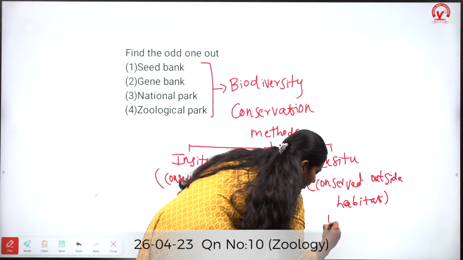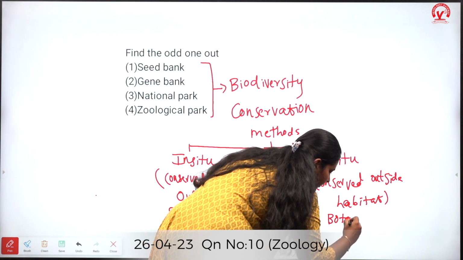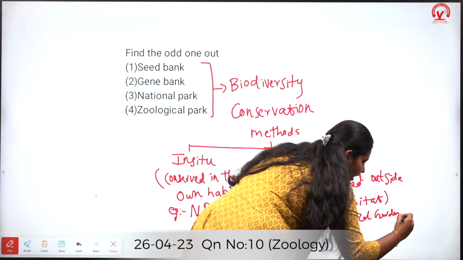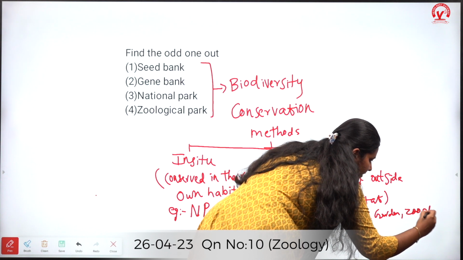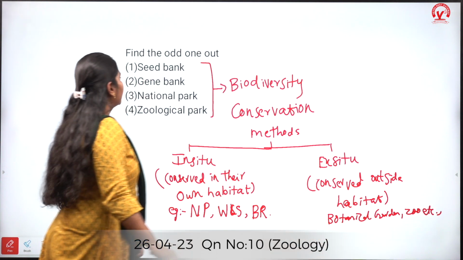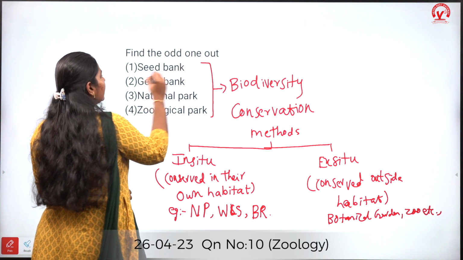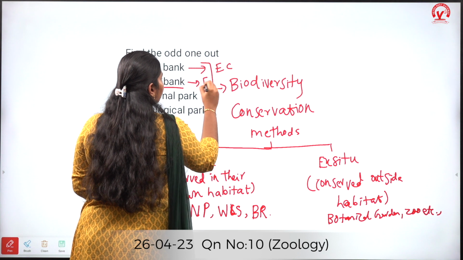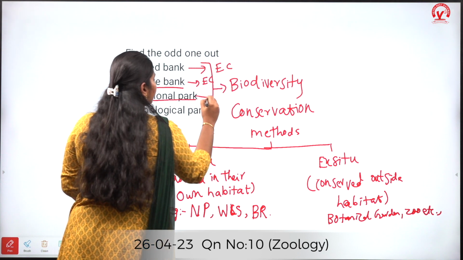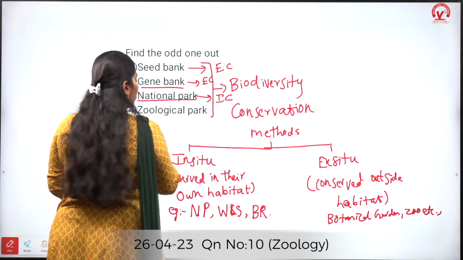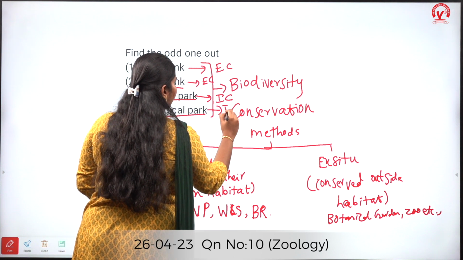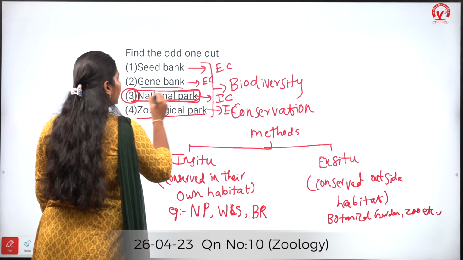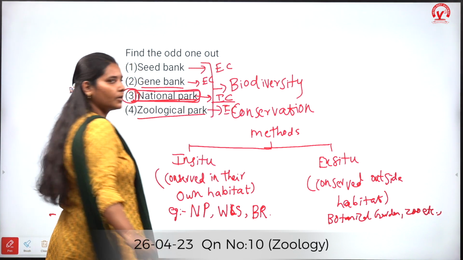For example, botanical gardens and zoological parks, etc. So in the given options, seed banks come under ex-situ conservation and the gene bank also comes under ex-situ conservation, and the national park is in-situ conservation and the zoological park is ex-situ conservation. Now the correct answer is the national park, which is an in-situ conservation.